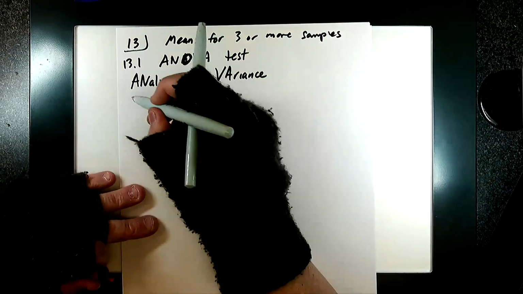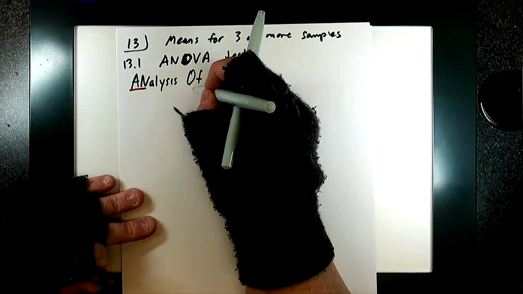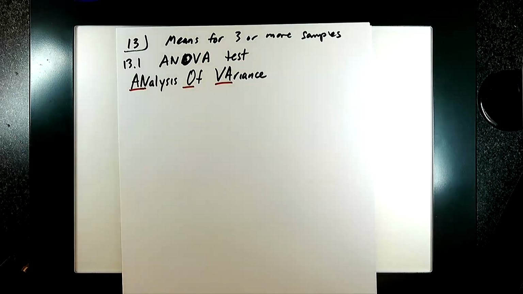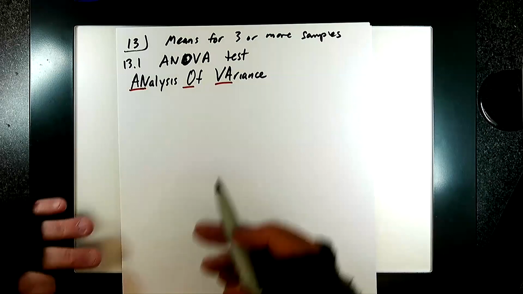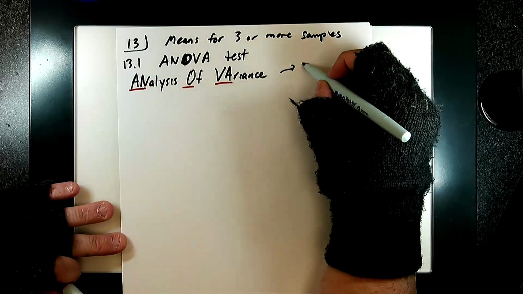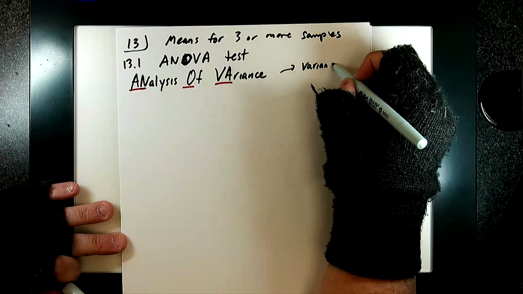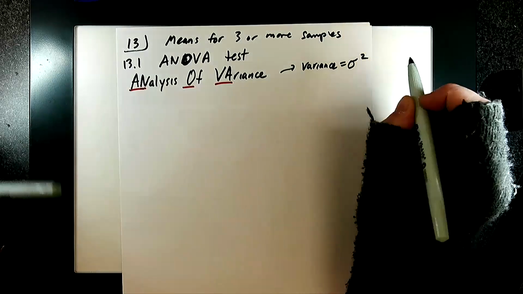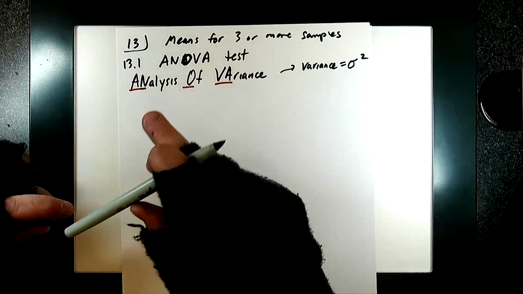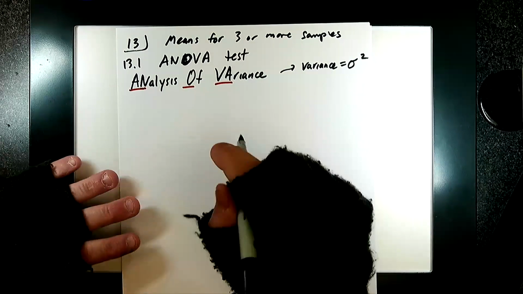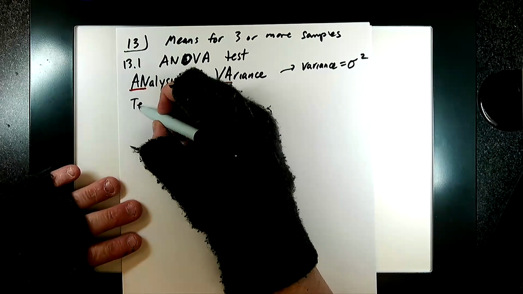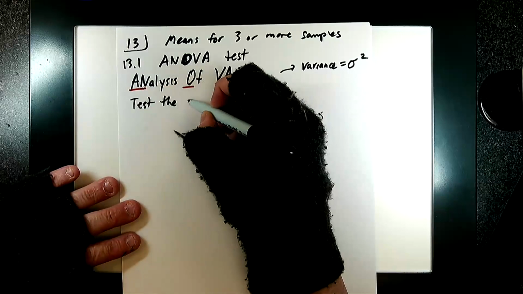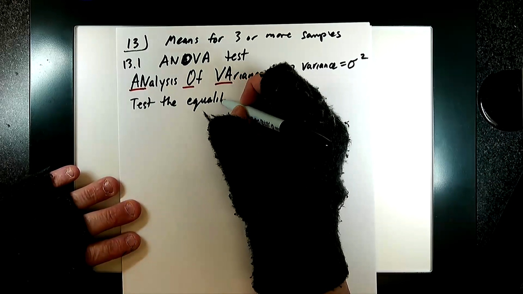So the AN is from analysis, the O is from of, and the VA is from variance. Variance is standard deviation squared. So in this one, we test the equality of the mean of 3 or more groups.